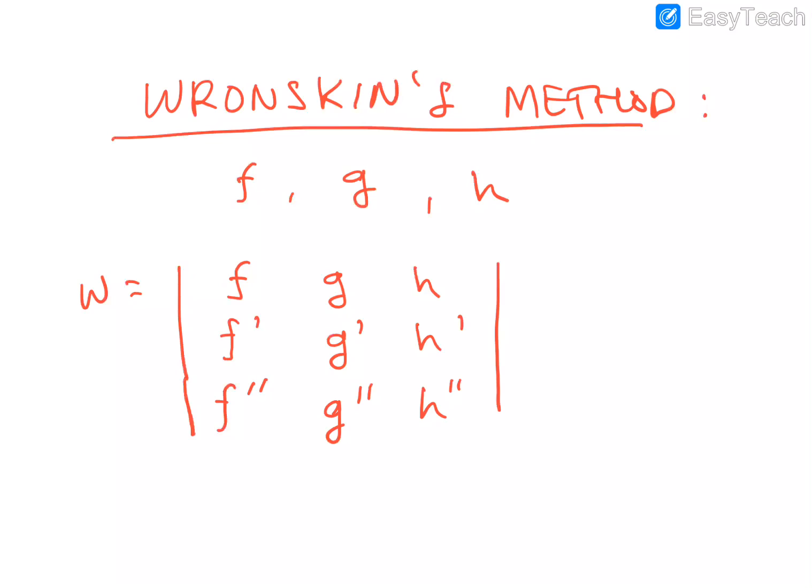Okay, and if you solve for this matrix, and it equals 0, this implies that they are linearly dependent. If you solve the matrix and it does not equal 0, this implies that they are linearly independent. Okay, so we'll go ahead and take a look at a problem.